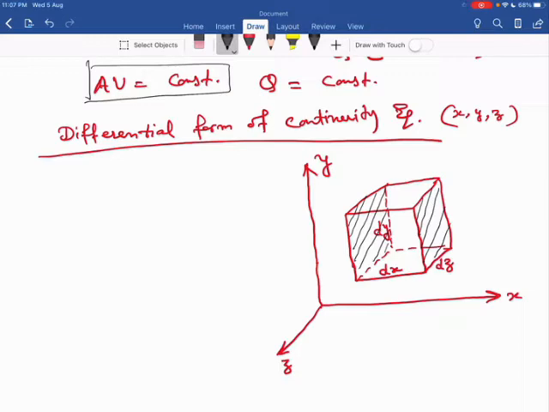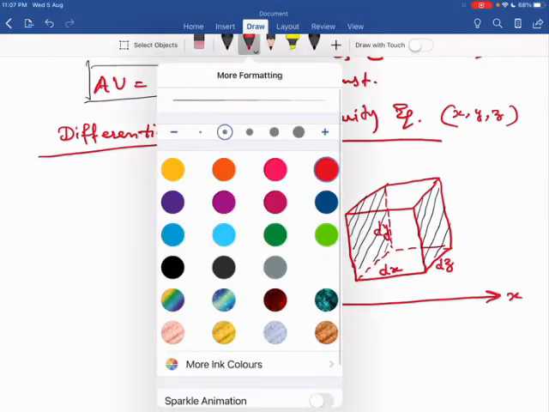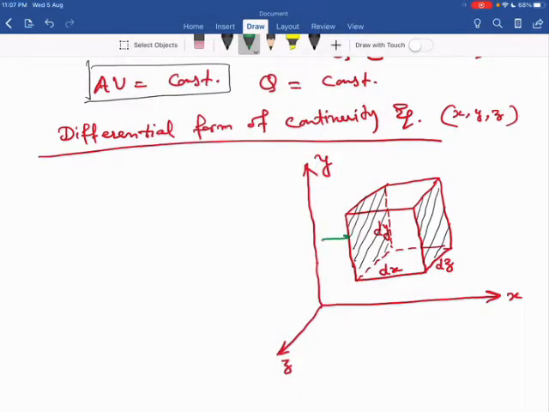These are the two faces of this block. So along x-axis, I say the velocity is u, that is the entry velocity, and the leaving velocity along x-axis is u plus curly u by curly x dx. Means there is some change in velocity along x direction with respect to x. So that is mathematically represented as curly u by curly x into dx.